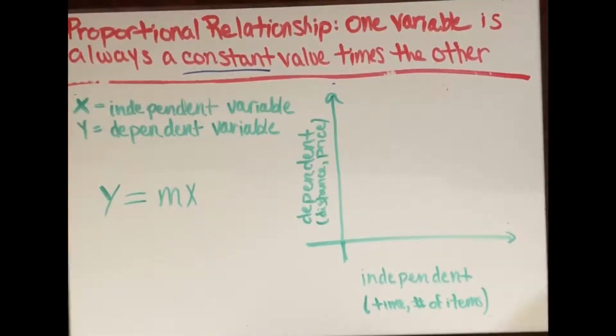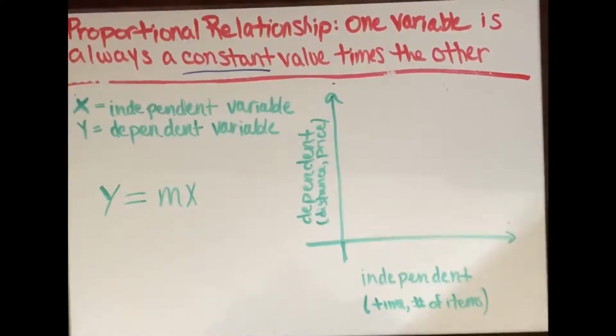Time just continues. But a dependent variable depends on the independent variable. So for example, if we are running 6 miles an hour and we're running for 2 hours. That's a crazy example, but anyway, time is going to go on forever and ever, right?